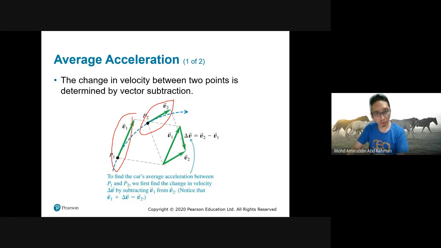The velocity at V2 will be higher than V1, so delta V is V2 minus V1.